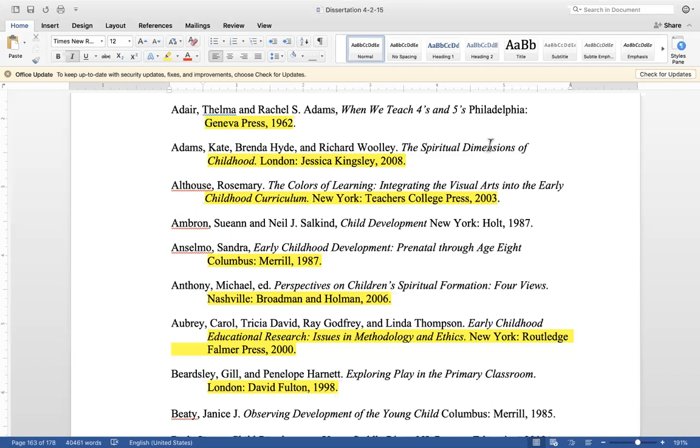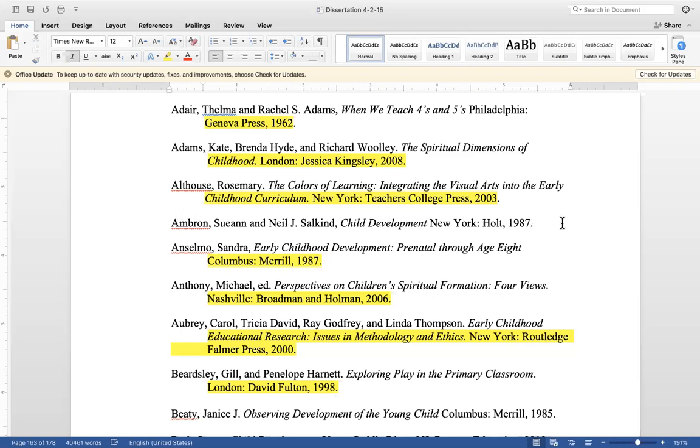And this one, the spiritual dimensions of childhood, took up too much room on that piece of the paper, and so the computer automatically put it down there. Your computer may not automatically do a hanging indent, so you'll have to tell it to do that. So you see all these examples of hanging indents. And here's an example. This particular source was a pretty short source, and it ended right there.